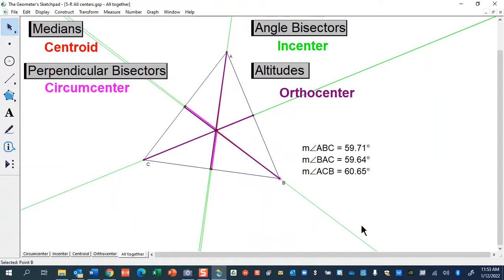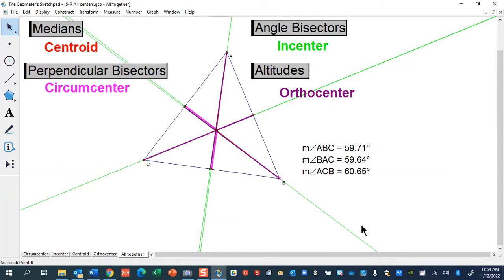When it's an equilateral triangle, all four of those points of concurrency are exactly the same. Take a look at your triangle. If every single one of those things is true, that equilateral triangle is exactly divided into congruent triangles.